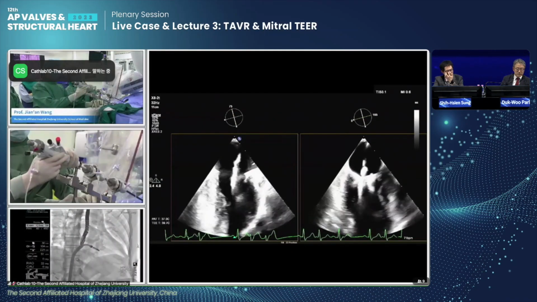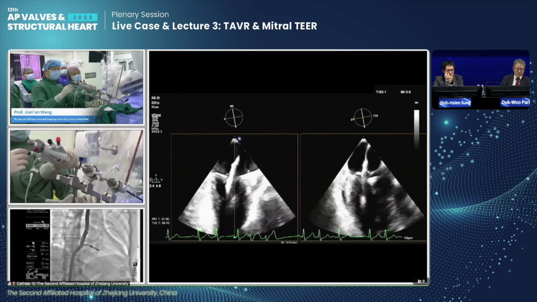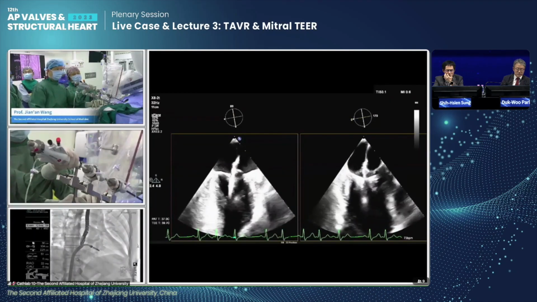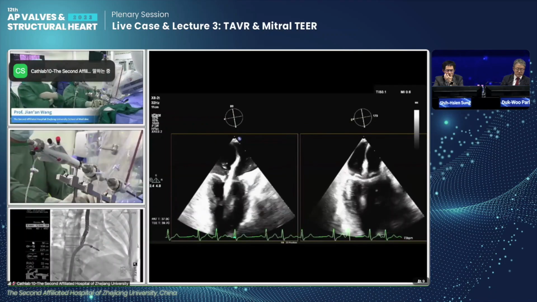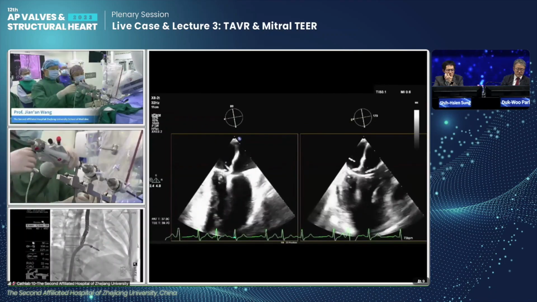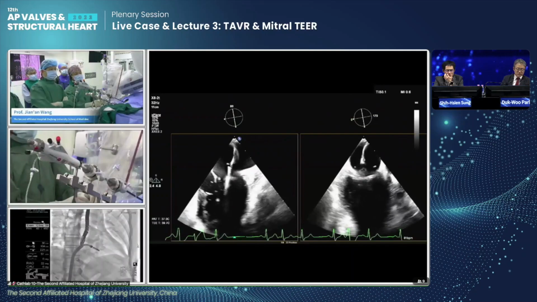Maybe you can rotate the bicommissural view, the angle. 没夹住。No, it's not true. The posterior is not captured.